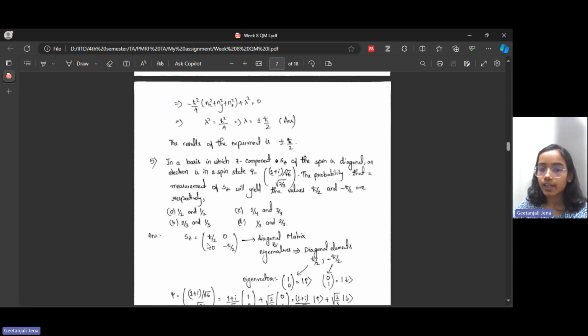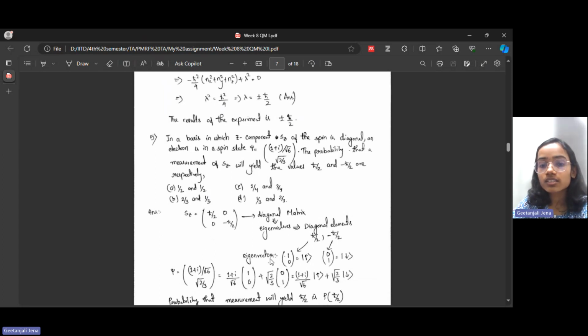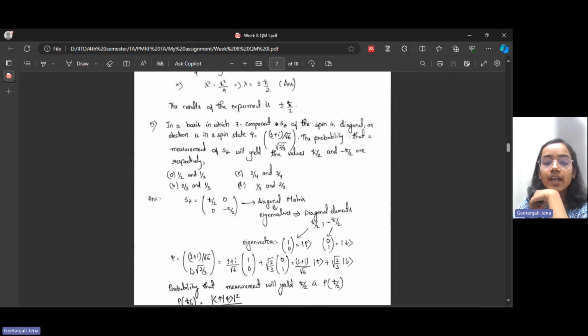So you see that it is a diagonal matrix. That means the eigenvalues of this matrix will be the diagonal elements, which are h cut by 2 and minus h cut by 2. If you calculate the eigenvectors, you get 1, 0 for the eigenvalue h cut by 2 and 0, 1 for the eigenvalue minus h cut by 2.